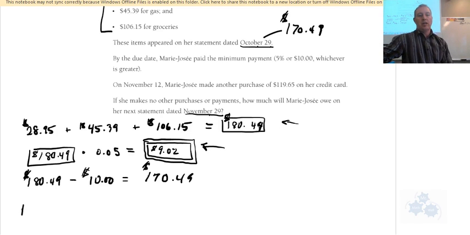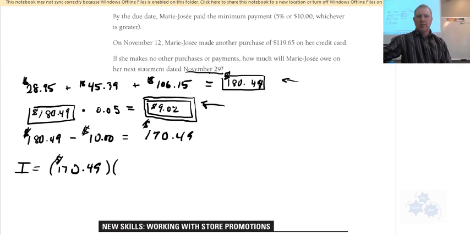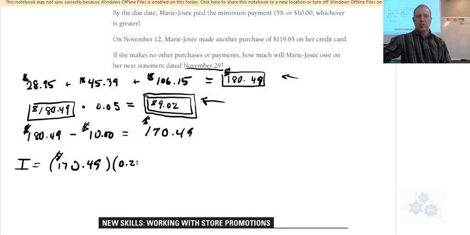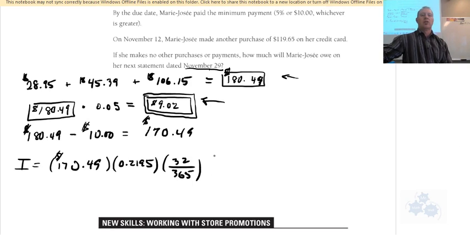Okay, so the interest on this part is going to be $170.49 times, what's the interest rate on this one? 0.2195 times 32 over 365. So that's what this interest is going to be.